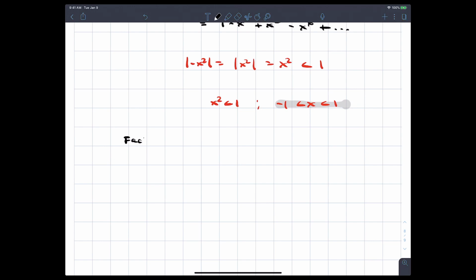Here's a fact: that the inverse tangent function can be written as the sum from 0 to infinity of negative 1 to the n, x to the 2n plus 1 over 2n plus 1.